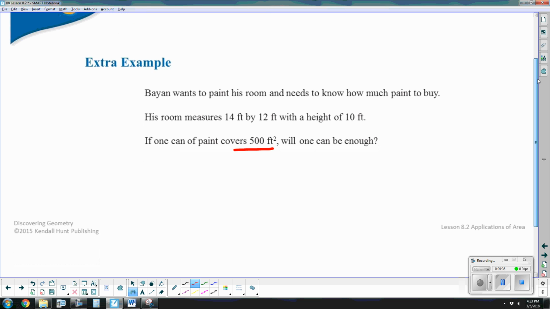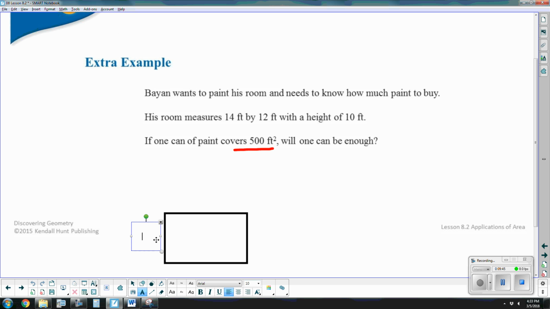So if you think of the area of his room, if it's 14 feet by 12 feet, that would be his floor area, where this is 14 feet and this is 12 feet. But then he also has a ceiling.